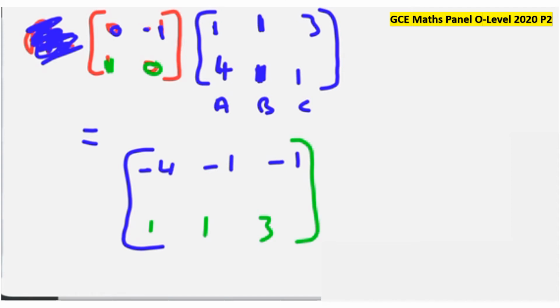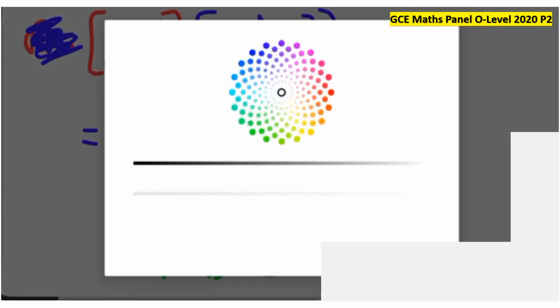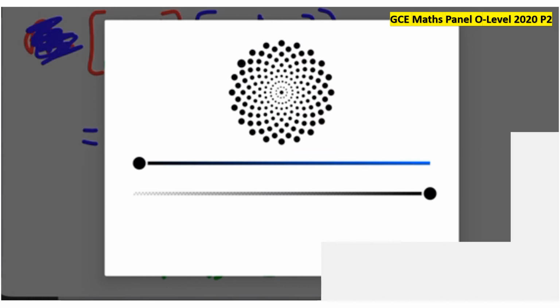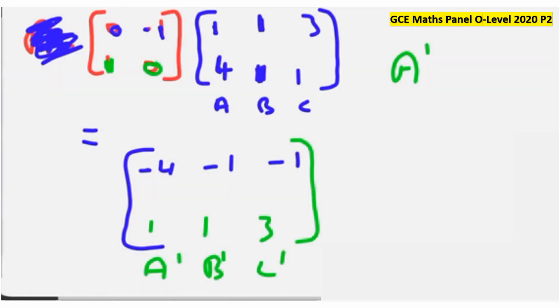Therefore our A', B', C' are here. A' is the point with coordinates minus 4, 1.